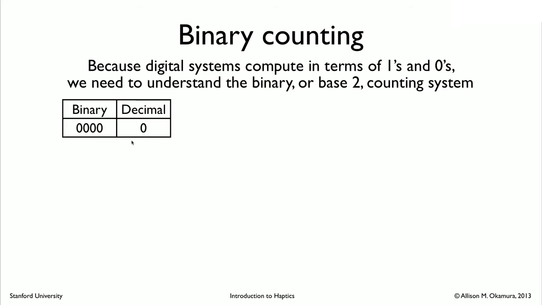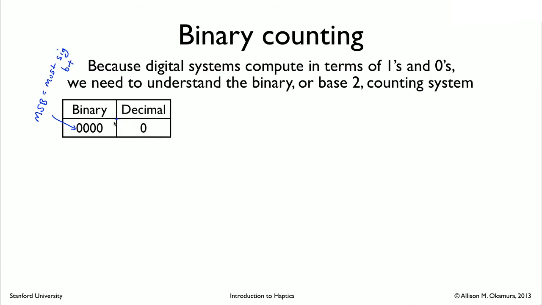So the first one's probably pretty obvious. We're looking at a binary situation where we have 4 bits. That is, there's 4 possible locations that can either be ones or zeros. And I guess it's important now to mention that the number on the left is going to be the MSB, or most significant bit.